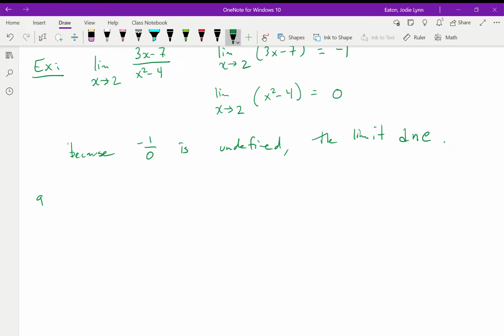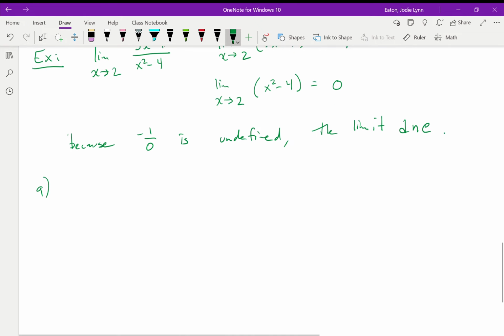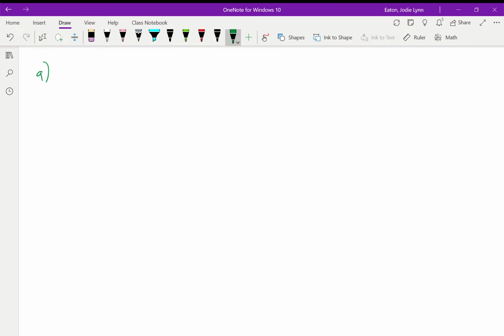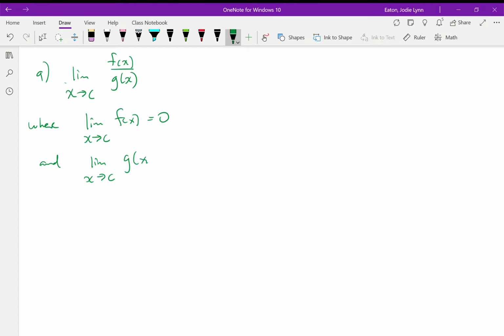Okay, last one. So the last situation we might run into with dividing fractions is where we have the limit as x approaches c of f of x over g of x, and where the limit as x approaches c of f of x equals 0, and the limit as x approaches c of g of x also equals 0.